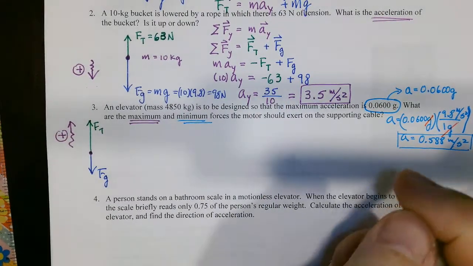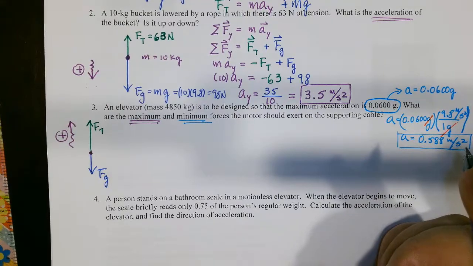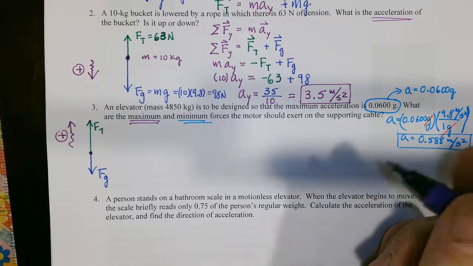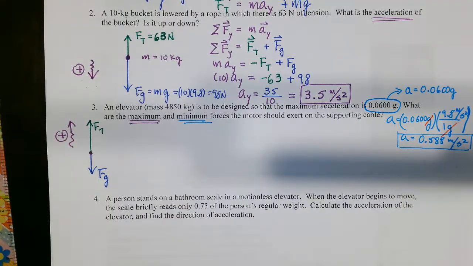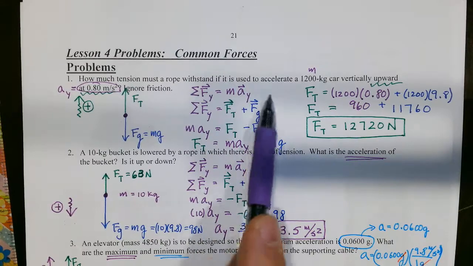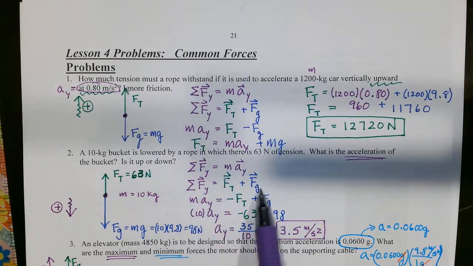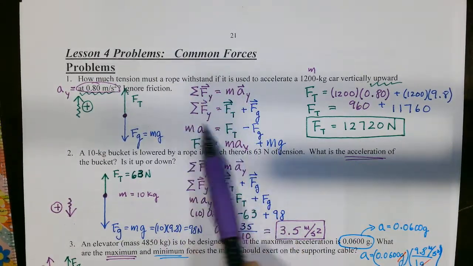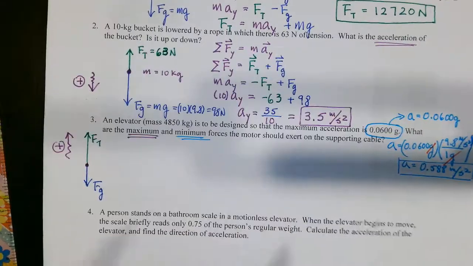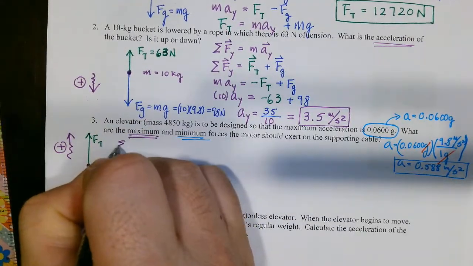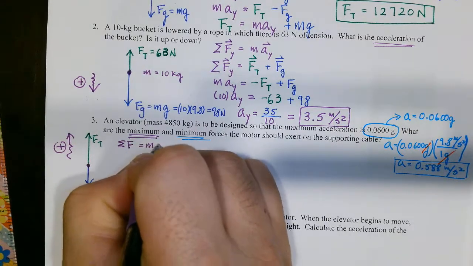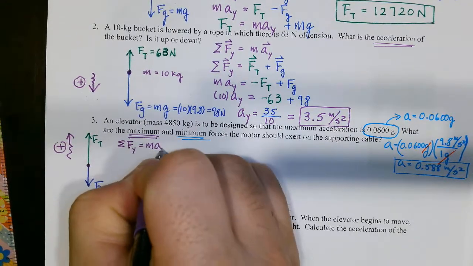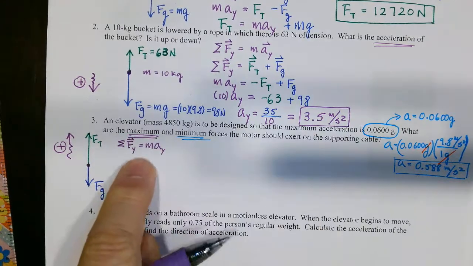Okay? Therefore, if we were to work this out, you have to start with these two. Whether it's going up or down, these two lines are always identical. So sum of all forces is equal to ma, and then since it's in the y direction, we could keep it as may.